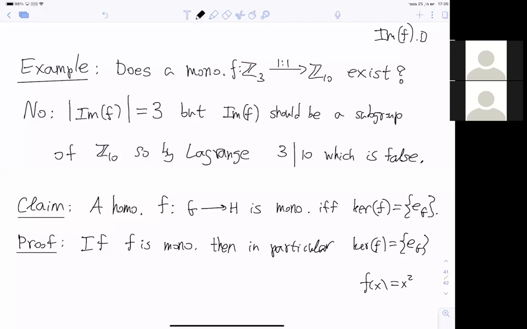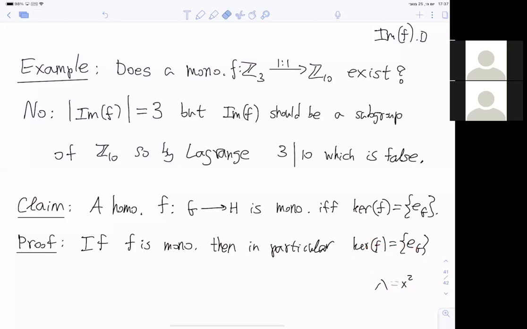So here, for example, the only source of 0 is 0, but the source of 9 is 3 and minus 3. So here it's not sufficient to look at the fiber of the neutral element. But if it was a homomorphism, then it would be sufficient to look at this alone to deduce that f is a monomorphism.